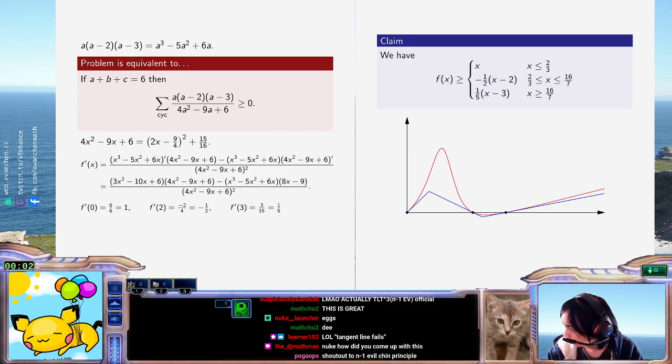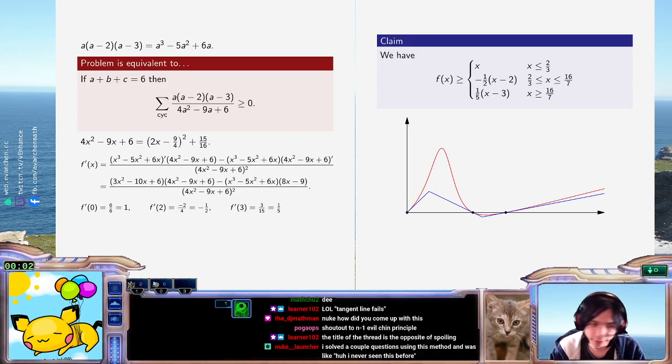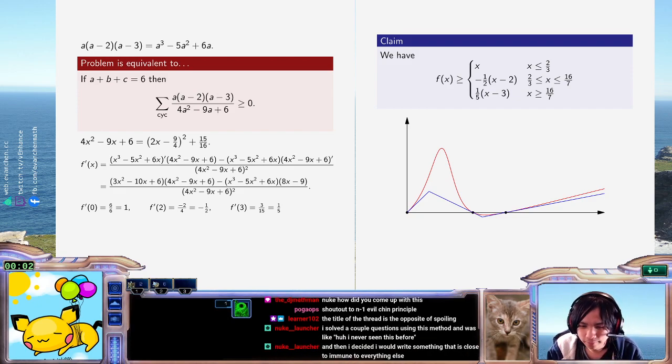The point is that this blue line intersects here at 1/2. So the tangent line almost works anyways, and the only time it doesn't work is if you have something here, and in that case this blue line is better. Interesting. Okay. Shout out to the n-1 equal value principle, apparently.